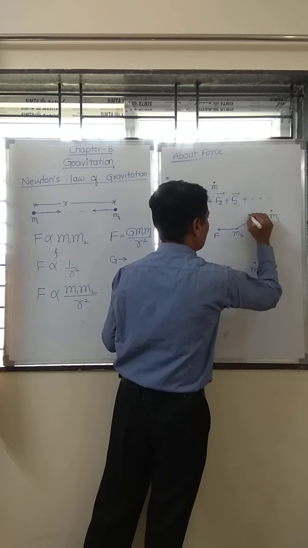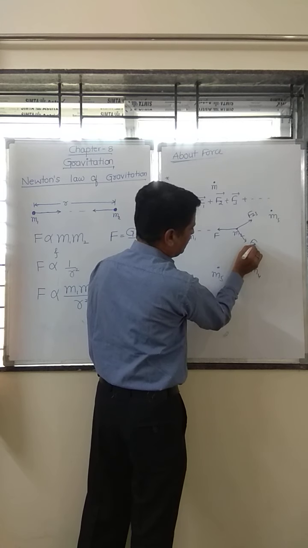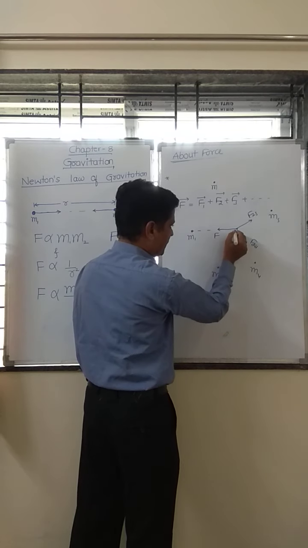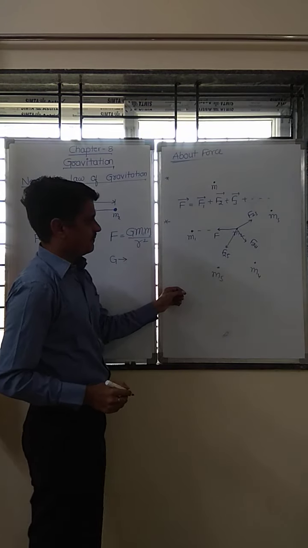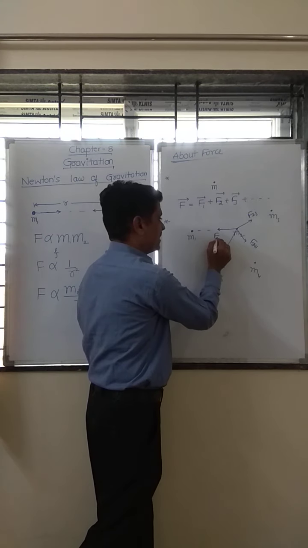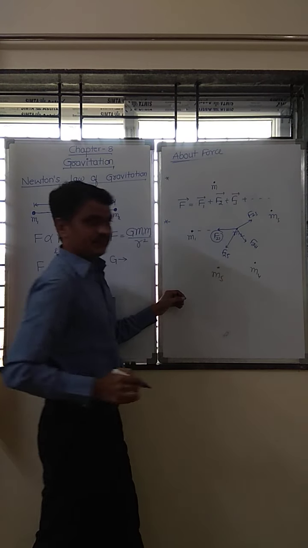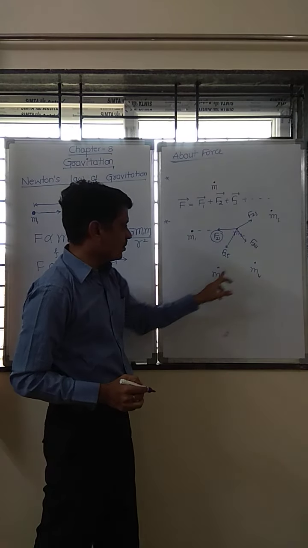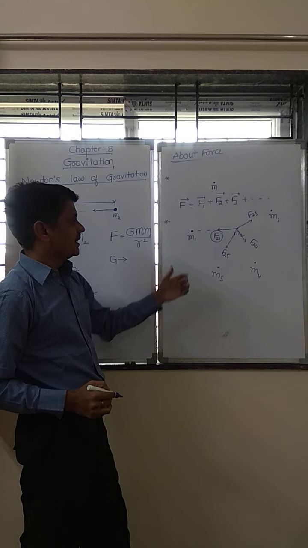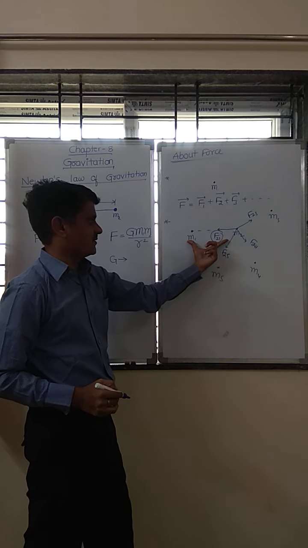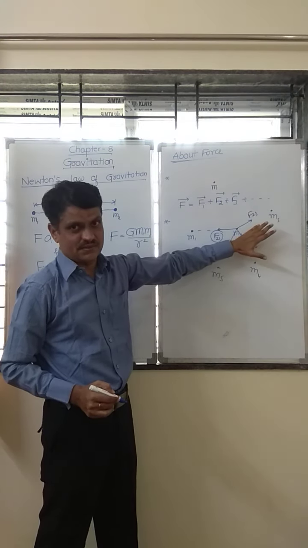Here m3 will exert a force on m2, m4 exerts force on m2, m5 exerts force on m2, like this. When only m1 is present, force on m2 by m1 is F21. Even when m3, m4, m5 come, this F21 remains the same. That is, force between the two masses is independent of presence of other masses.